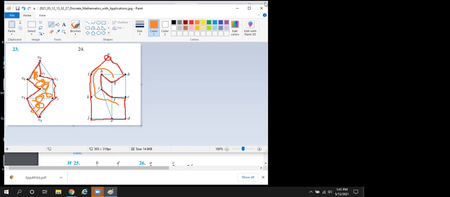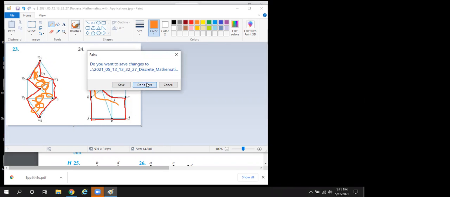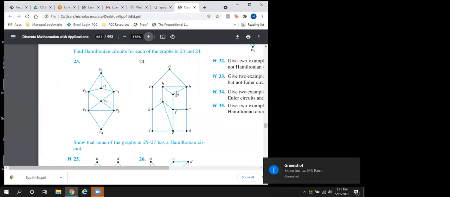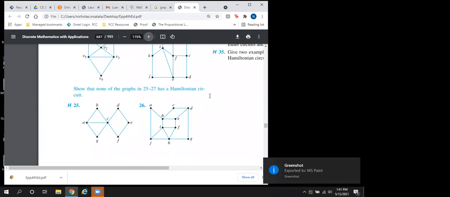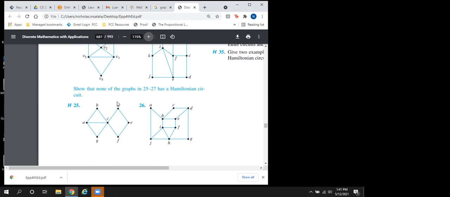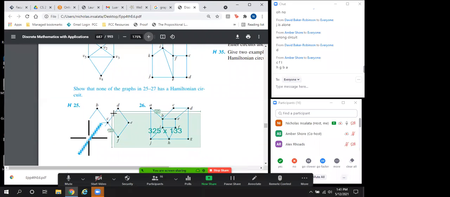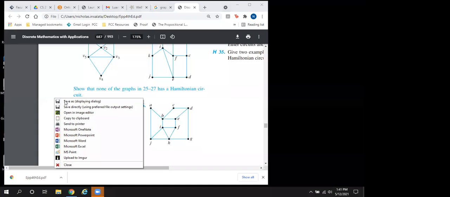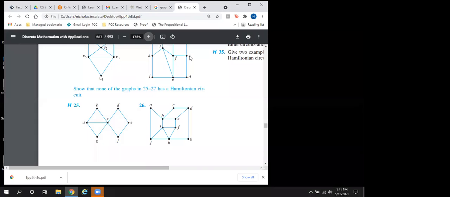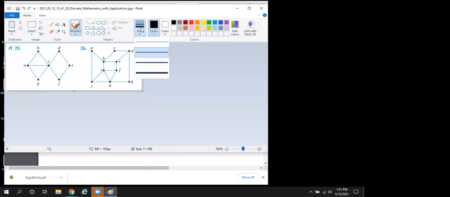So maybe it'll help if we do some non-examples, right? And of course, I'm happy to take questions. So please holler out if you've got questions. Let's try some of these guys, right? So I'm supposed to show that these don't have a Hamiltonian circuit. So let's try that. Okay.